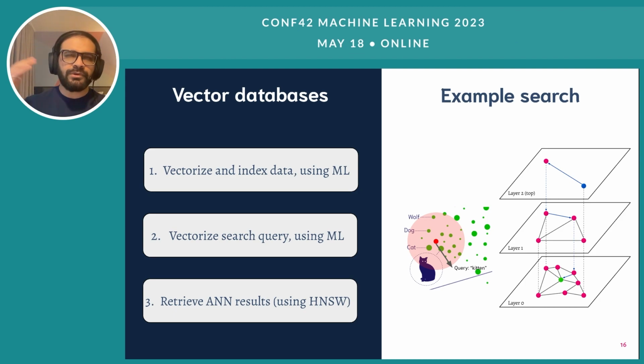What we do instead of a full brute force nearest neighbor search is what's known as an ANN, an approximate nearest neighbor search. The idea is that instead of searching through all of the green objects in your database, you set up a hierarchy of layers where you enter your search at the very top and look through a very small subset of all the objects in your vector database.